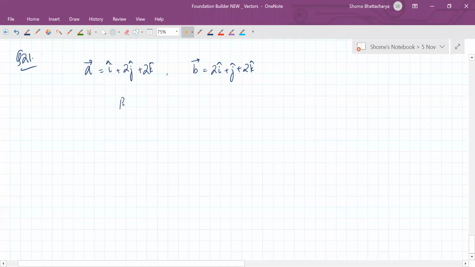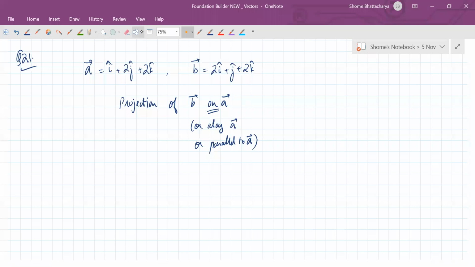Okay. So the projection of B on A. Okay. So you can also say it is along A, or you can also say it is parallel to A.